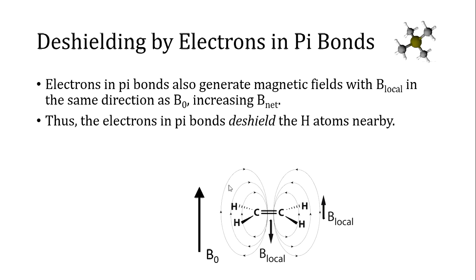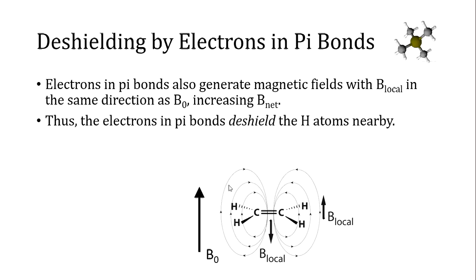So here is a picture of ethene, one of the simplest alkenes, showing the magnetic field generated by the pi electrons in the carbon-carbon pi bond. In the middle of the pi bond, the local magnetic field of the electrons is pointing in the opposite direction of the applied magnetic field, which is similar to what we saw earlier, but the hydrogen atoms aren't there in the center.